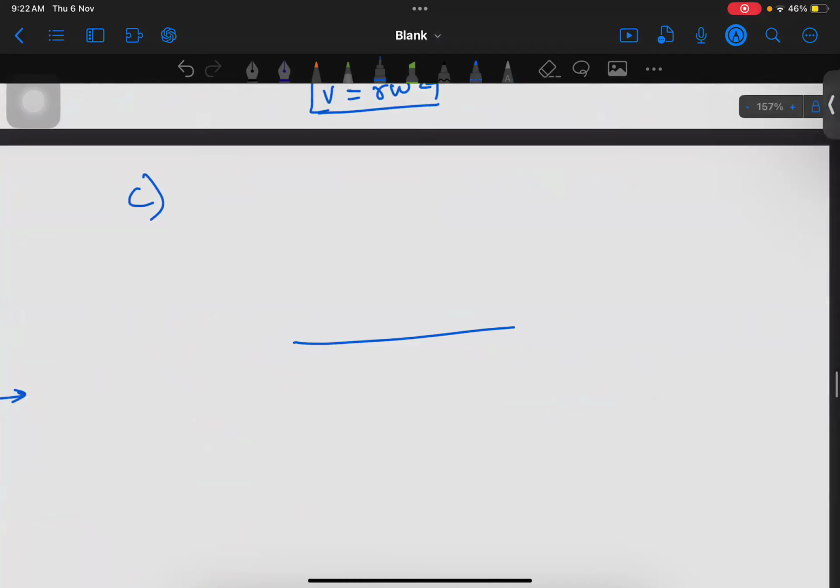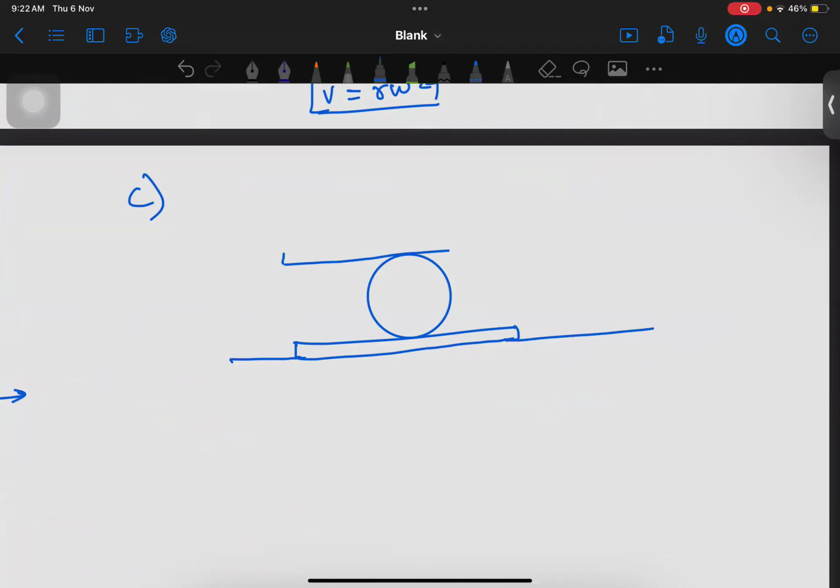The same process we are going to repeat, but now let's make it roll in between two planks over here. One plank, and this is the other plank. This is moving with 10, and let this one move with, say, 15. And this object is given to us to be in which kind of motion?